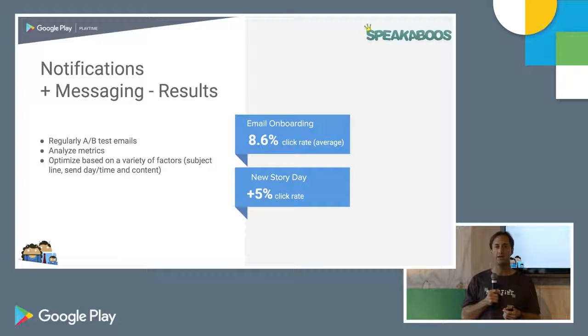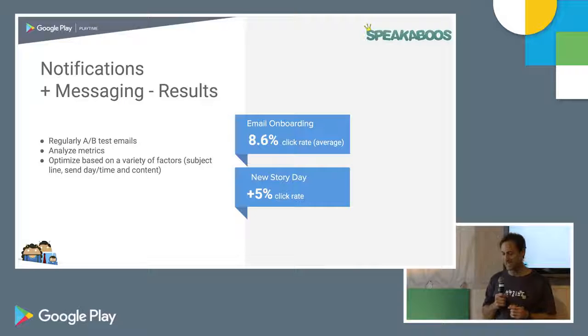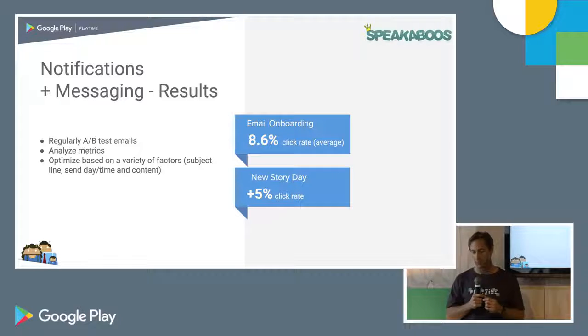New story day for Speakaboos is an email that promotes special and exclusive content. That has driven a 5% increase in click rates. And content that makes use of appropriate hashtags is another key to this. Overall, they've seen a 60% increase in web traffic when it's paired with social accounts, for 5% of monthly traffic.